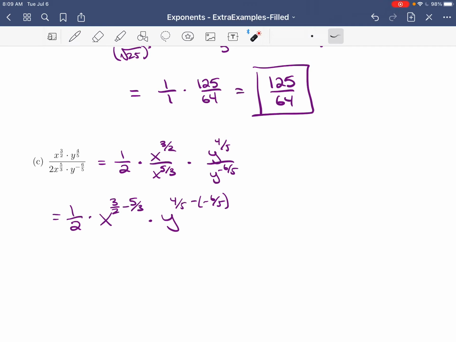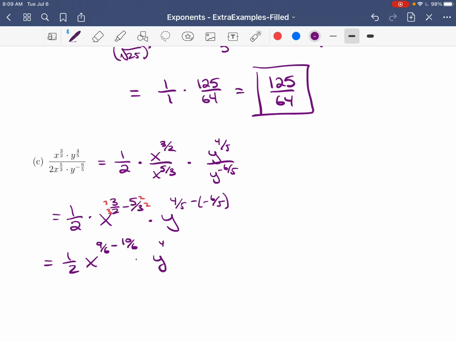Okay, now if I look at the y exponent, they have the same denominator. Okay, so this one is actually easier to do that subtraction, or it's actually going to be addition because it's minus minus. Now here they don't have the same bottom. So what I'm going to want to do is make a common denominator. So I need to times by 3 over 3 and 2 over 2. So this is 1/2 x to the 9 over 6 minus 10 over 6.